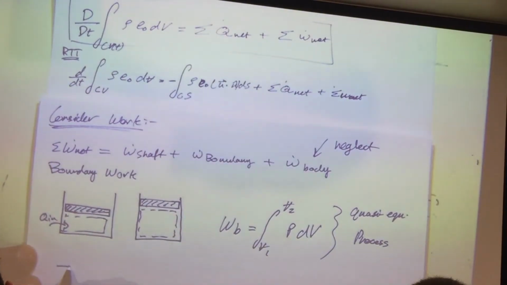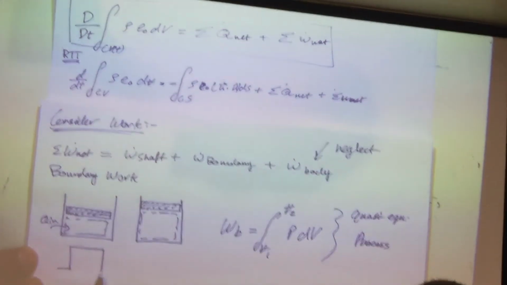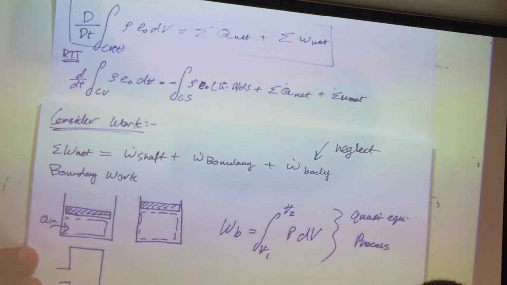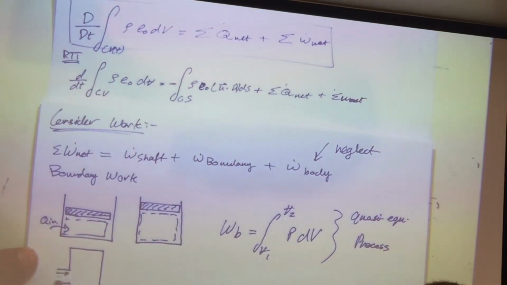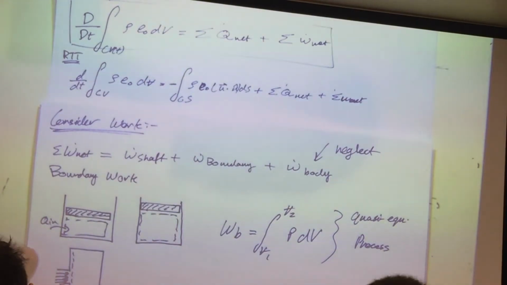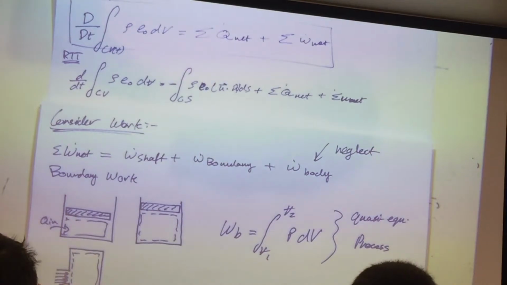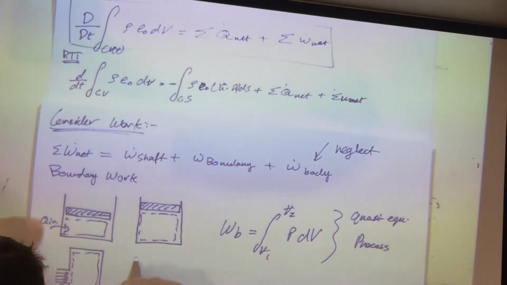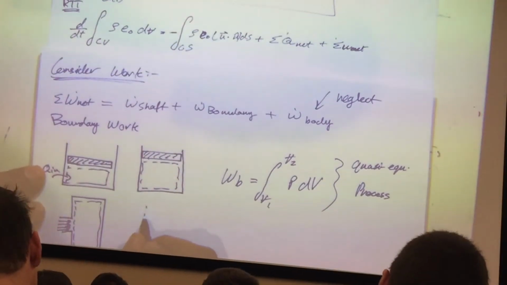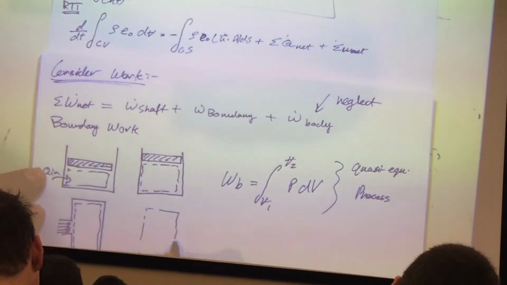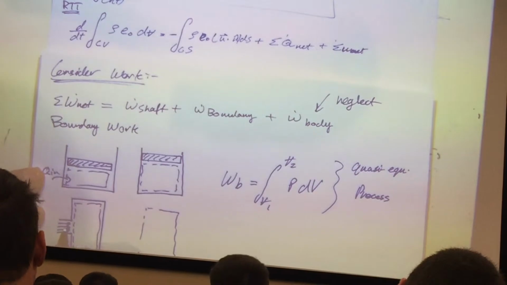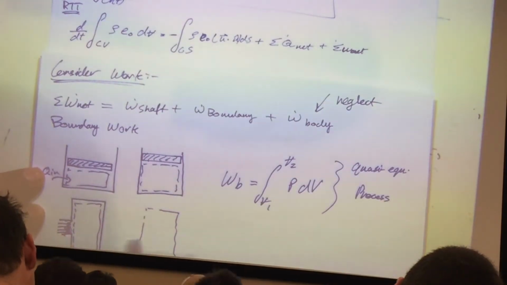If I have some flow that is coming into a control volume that I'm defining, and if I take that control volume and draw it again, this right here is my control volume, and this section right here I'm going to isolate and highlight.